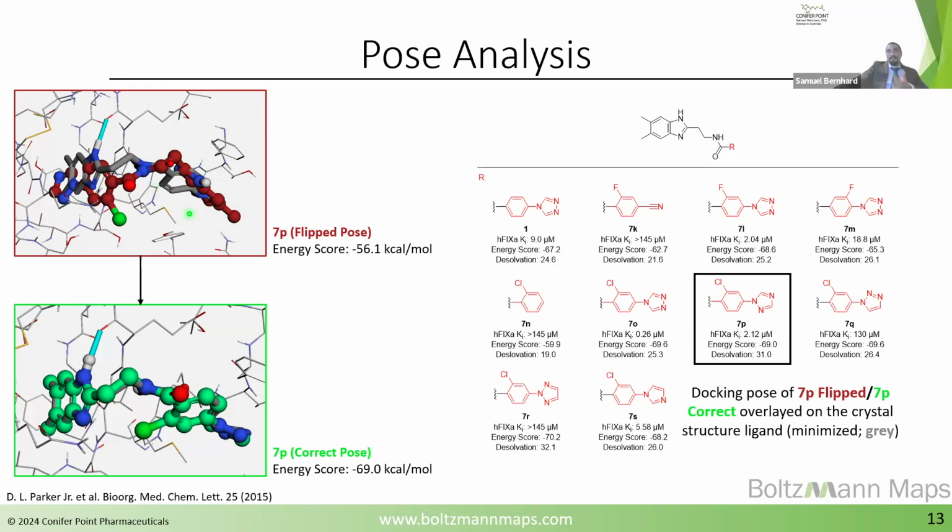So this isn't necessarily appropriate for comparing energies within a congeneric series. For this reason, a subsequent screen was applied with an increase in pose outputs, and we were able to find the appropriate pose shown here. This resulted in a significantly stronger energy score that we will see later is much more representative of its affinity.